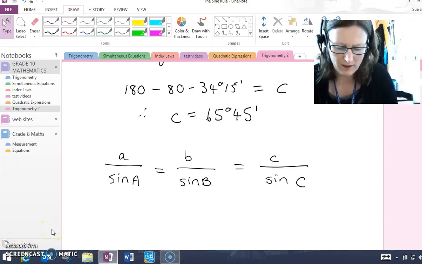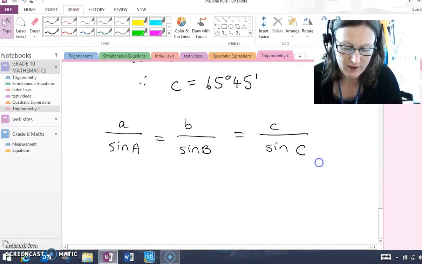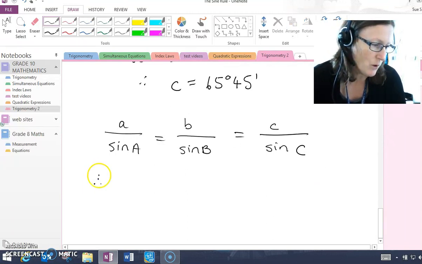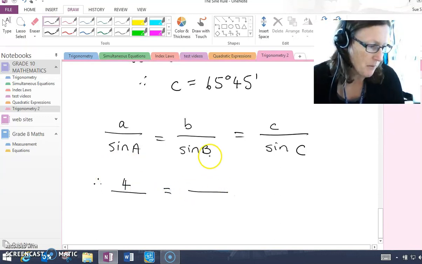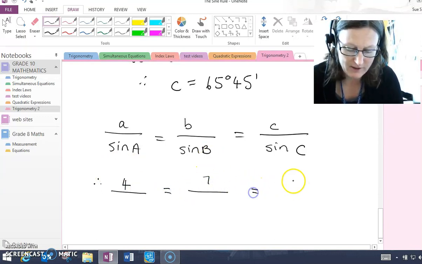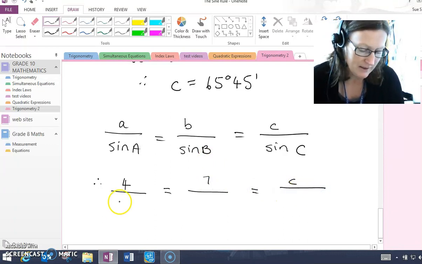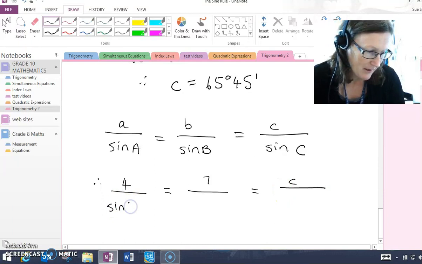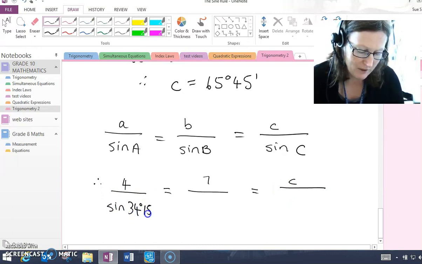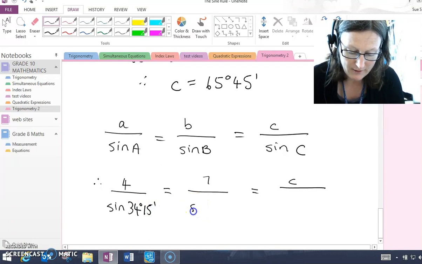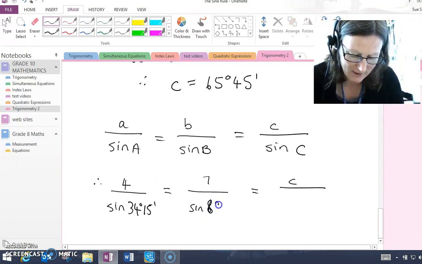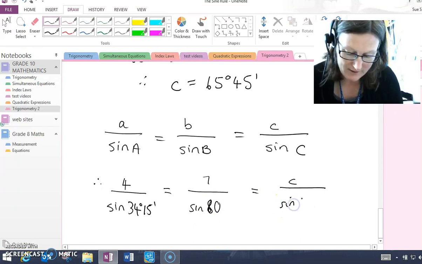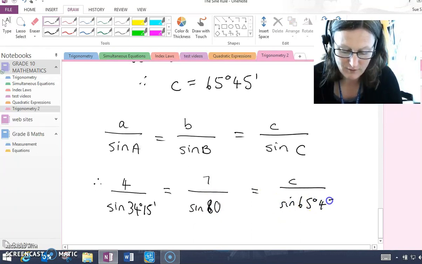From the question I have one last thing to do, and that last thing is to find side C. So I'm going to fill in what I know. Side A is 4, side B is 7, and I need to find side C. Angle A is 34 degrees 15 minutes, angle B is 80, and angle C is 65 degrees 45 minutes.